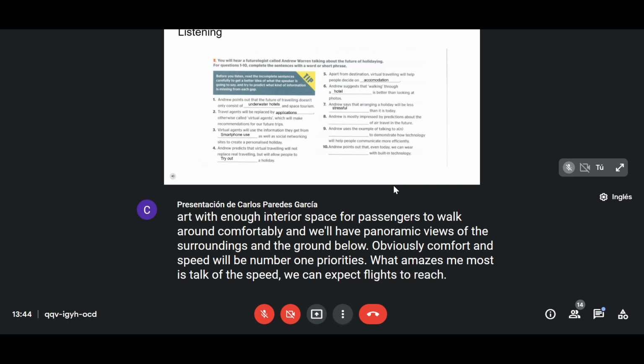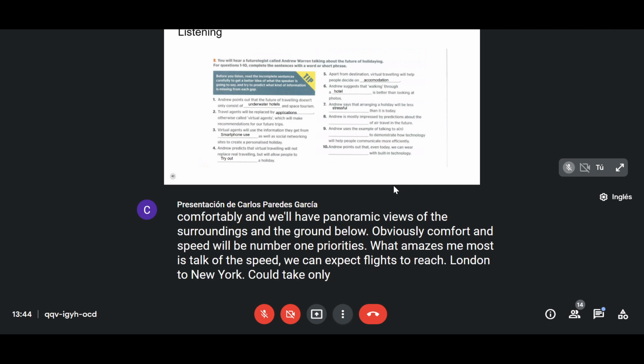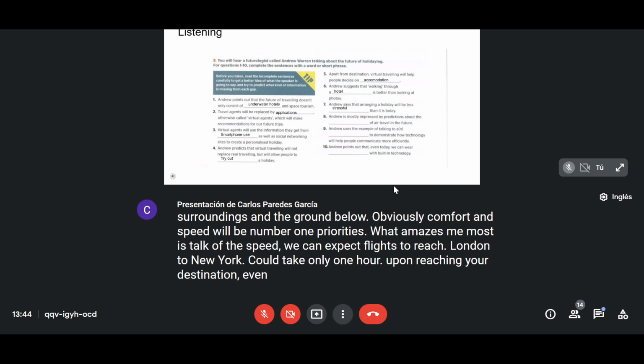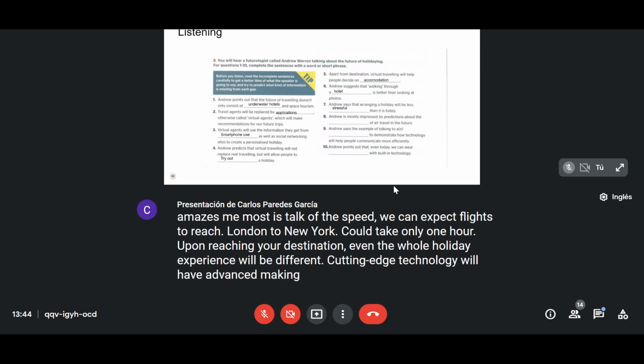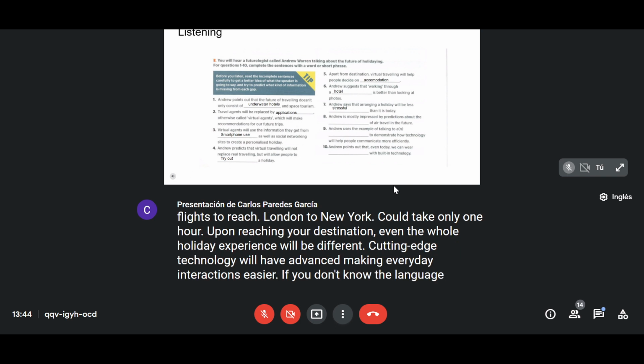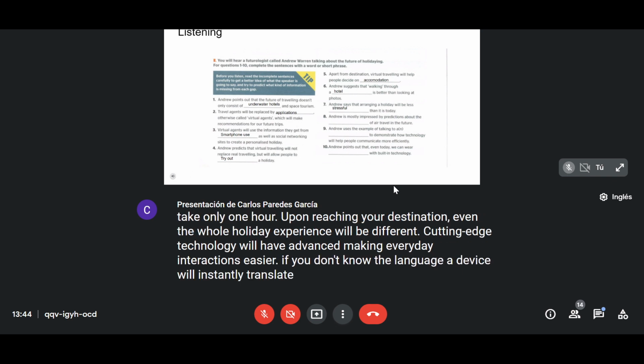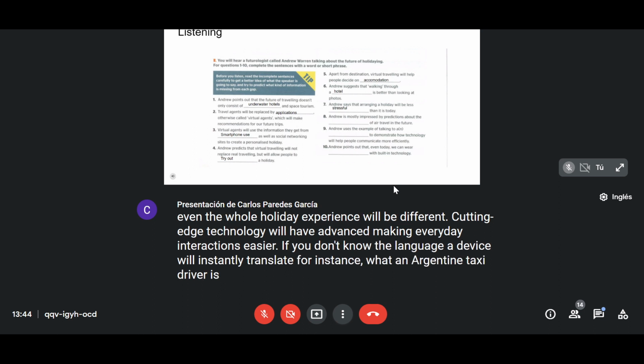London to New York could take only 1 hour. Upon reaching your destination, even the whole holiday experience will be different. Cutting-edge technology will have advanced, making everyday interactions easier. If you don't know the language, a device will instantly translate, for instance, what an Argentine taxi driver is saying as you ride through the bustling streets of Buenos Aires.